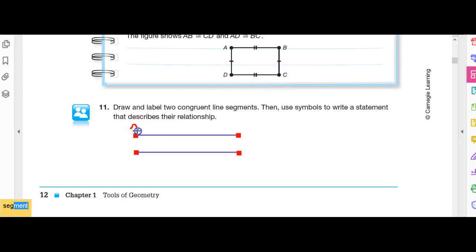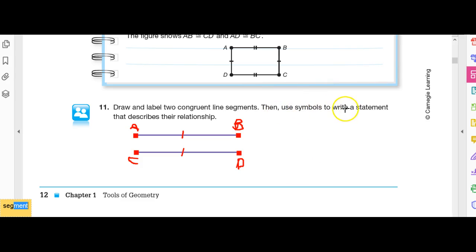So if this was point A and this is point B and point C and point D, and if I had measured them, and it says draw and label, so since I measured them before with my ruler, I would mark that I've measured them, and I would give them the same number of these little tick marks here to show, okay, they're measured and marked the same. Now it's drawn and labeled, right?